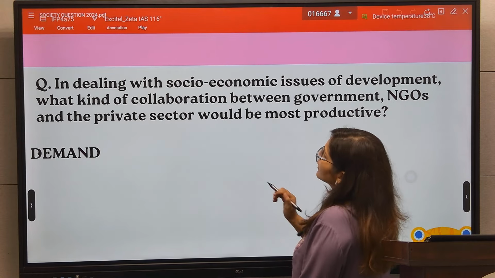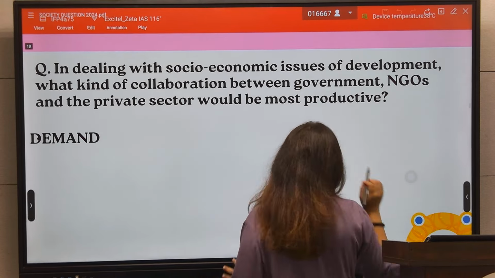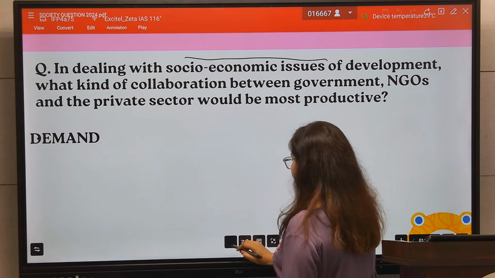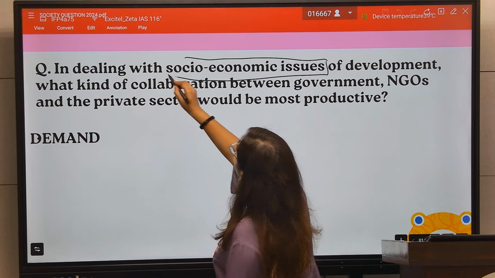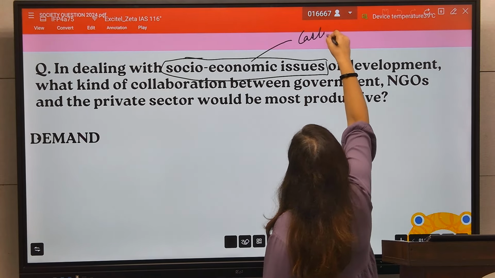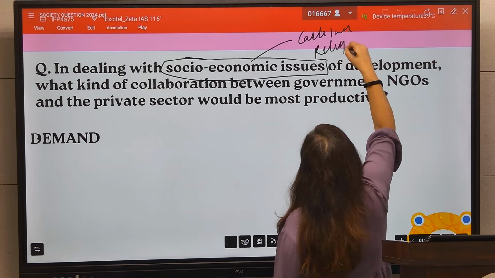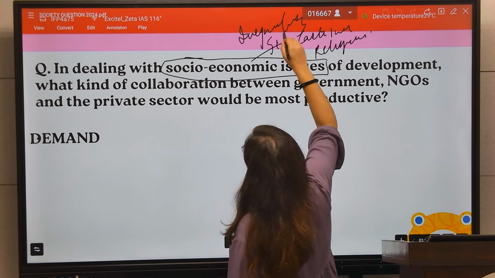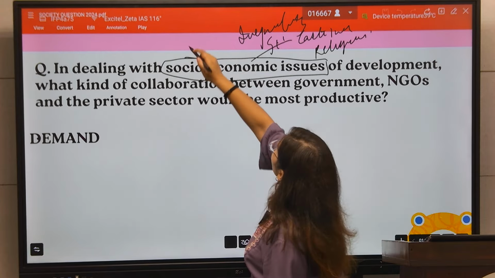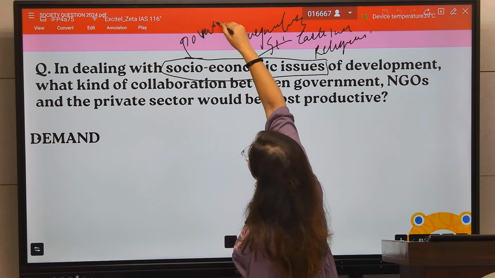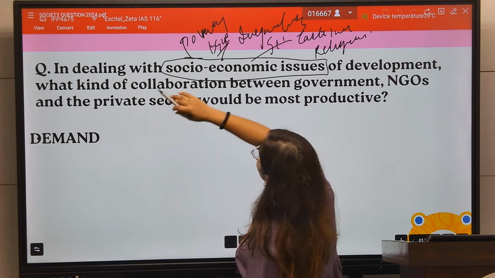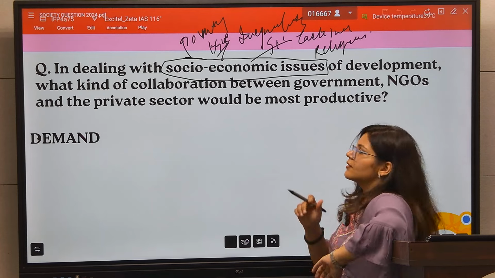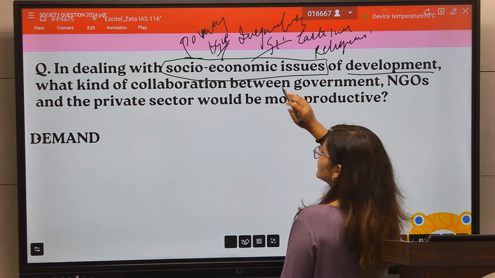So what does the question say? While dealing with socio-economic issues, first think about what socio-economic issues exist in our society. There is the caste issue, there is the religion issue, there is the inequality issue, the poverty issue. So in this way, while reading this question, strike in your mind what types of socio-economic issues exist in our society.